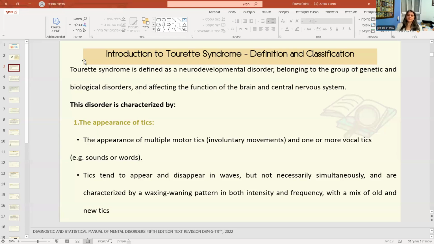The tics appear and disappear in waves, but not necessarily simultaneously, and are characterized by a waxing and waning pattern in both intensity and frequency, with a mix of old and new tics.